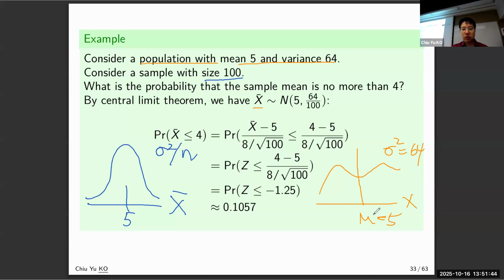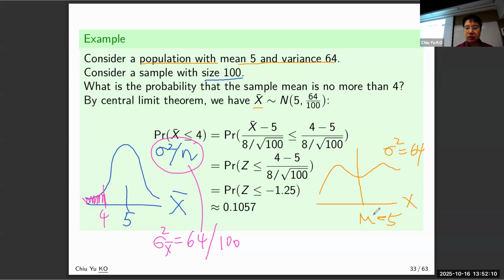And the question being asked is, what is the probability of being less than 4? What's this area? Sigma squared is 64, n is 100, and this is the sigma squared of x bar.